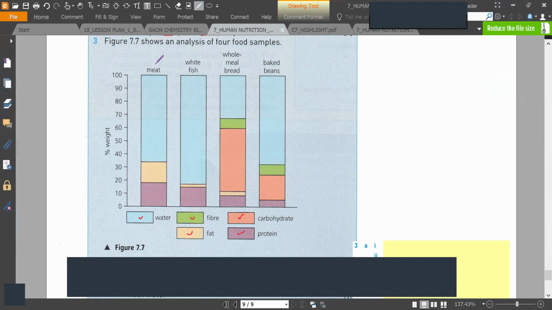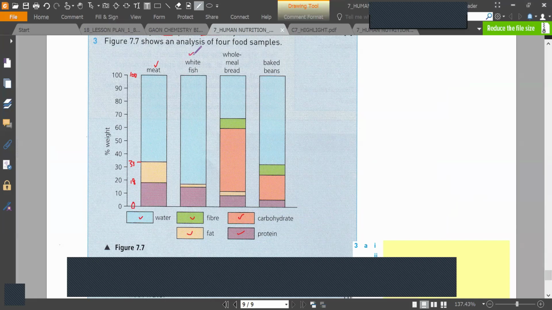For example, meat has quite a high percentage of water, from around maybe 33 to 100% is water. Then maybe 18 to 33 is carbohydrate, and 0 to 18 is protein, and so on.